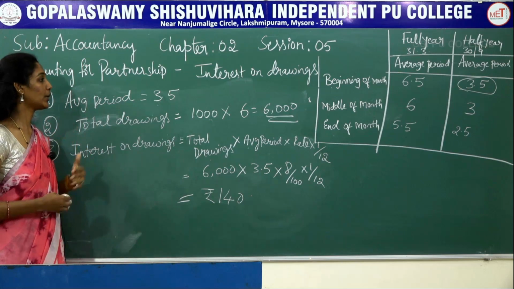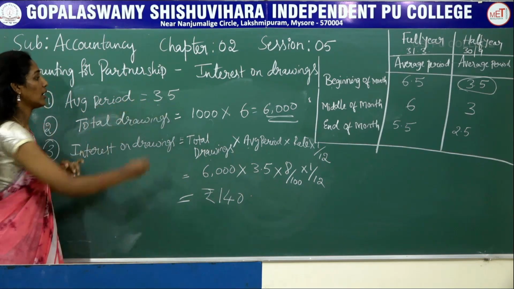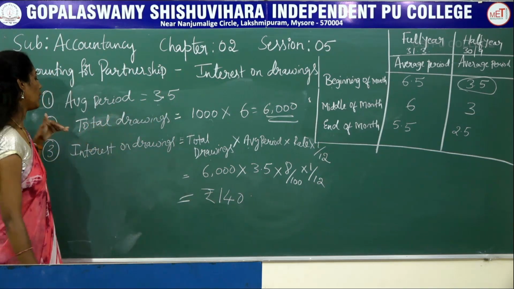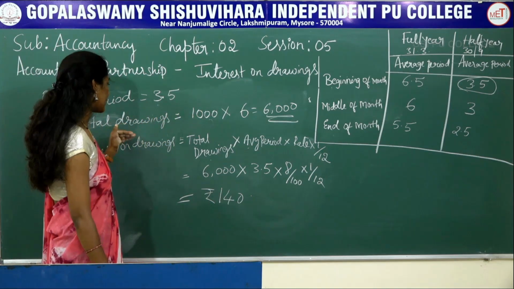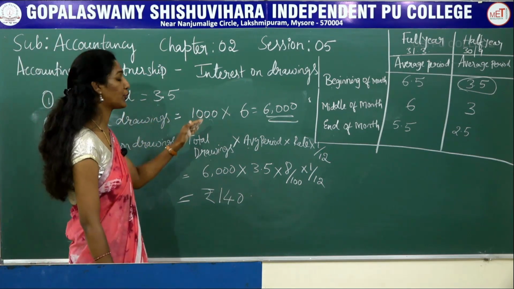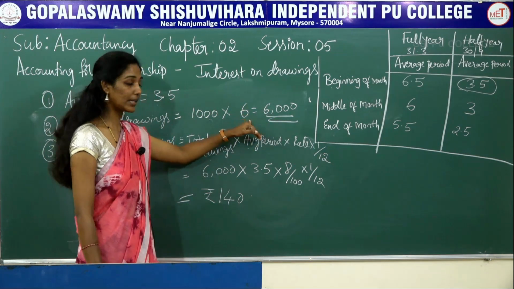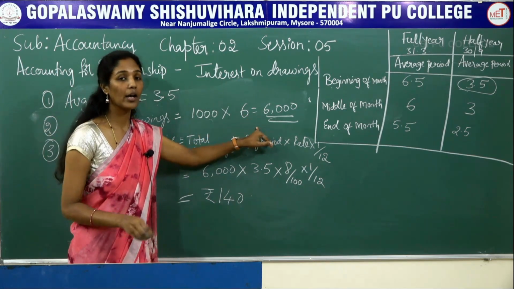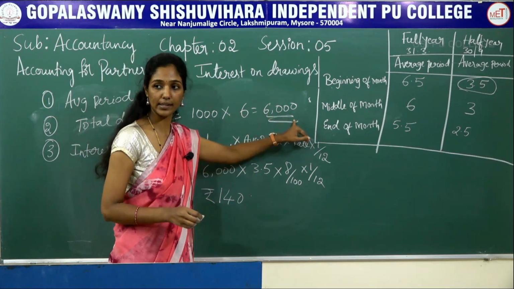Let me repeat once again. Here the average period is 3.5. And next you should find out the total drawings. So for calculating total drawings, you have to multiply the drawings with the months, 6 months, because here books of accounts are closed on September. So 1000 into 6 equals 6000.